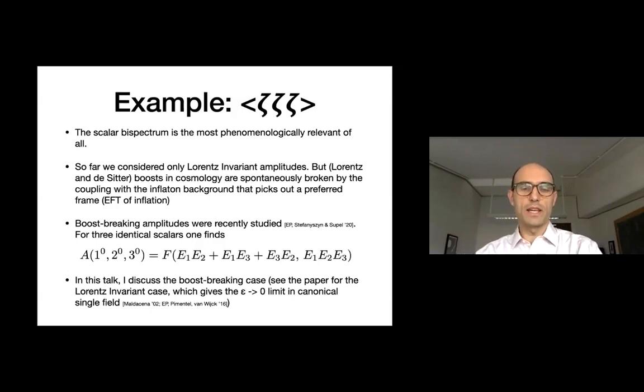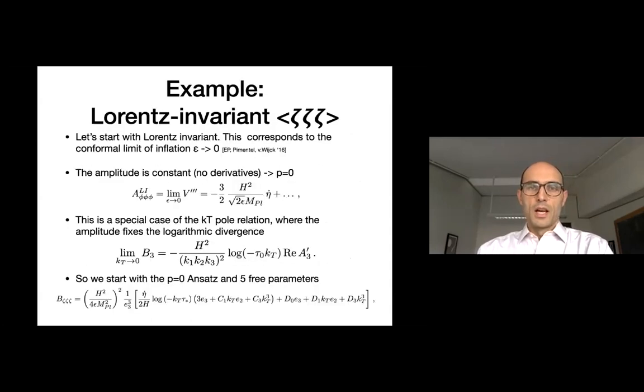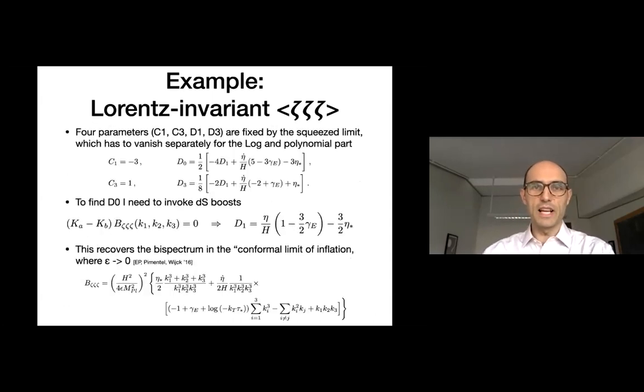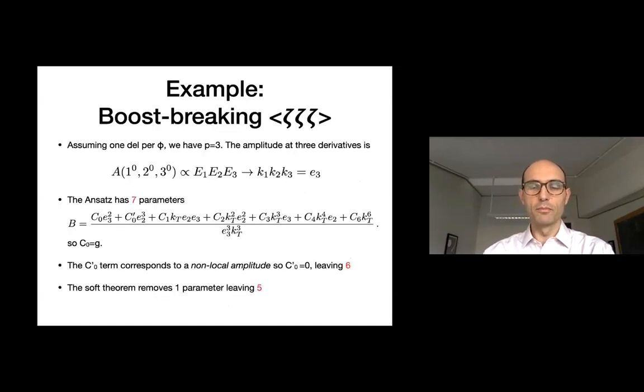And so now I can rederive either the boost invariant bispectrum if I want, or all the infinitely many bispectra in the EFT of inflation, just by choosing which amplitude I start from. I'll go directly to the EFT of inflation bispectra because I don't have much time, but if someone wants to see how to rederive Maldacena, I'll be happy to comment on that, and that's where the log appears. Please do ask me later if you want me to show those slides.